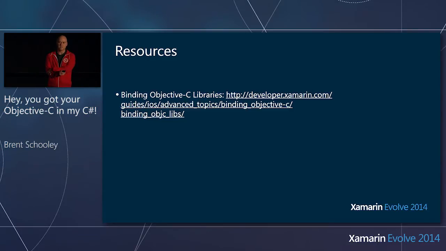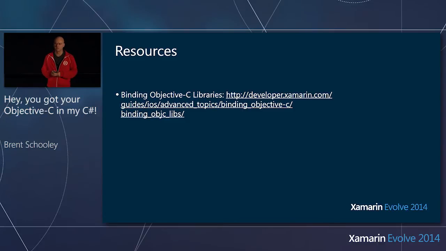But when you go to do this, this is going to be your first stop. This guide, Binding Objective-C Libraries. And you can get to it from the documentation pages. Go to iOS, go to Guides. It'll be down way towards the bottom in the Advanced section. And you're looking for binding libraries, right? So this will walk you through a very simple binding, and it'll go through an example of just about everything you can do to bind an Objective-C library.